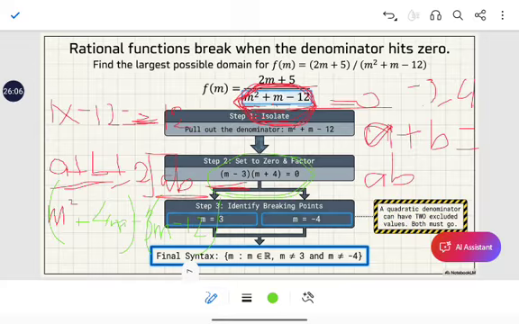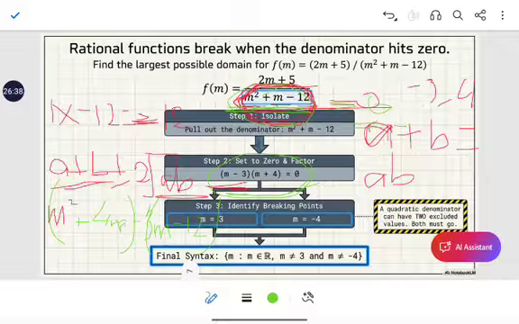Okay, so I'm going to equate each of the factors to 0. So if I do that, m will be equal to 3 and m will be equal to negative 4. We are saying that if you put 3 in this equation, the answer will be 0. If I put negative 4 in this equation, the answer will be 0.